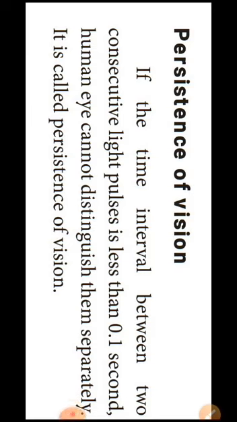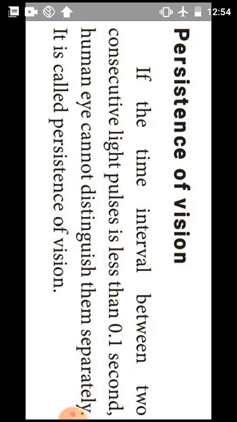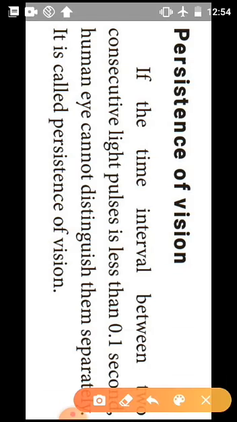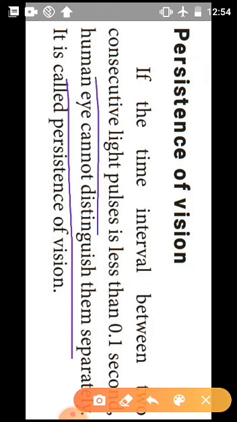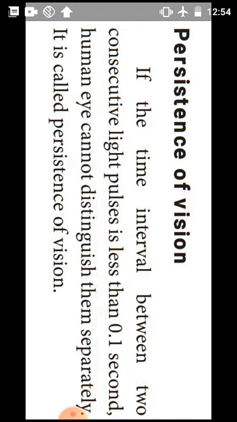If the human eye cannot differentiate two different light pulses within 0.1 second, that is called persistence of vision.